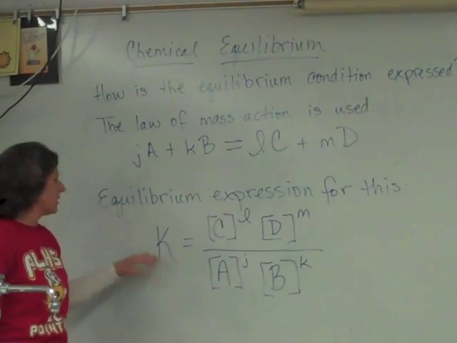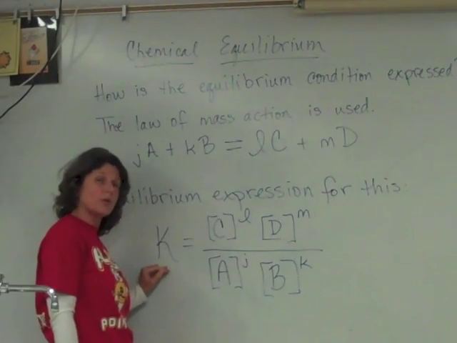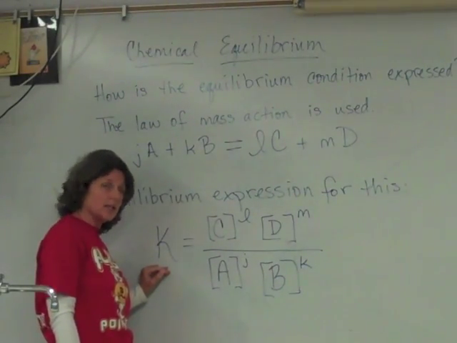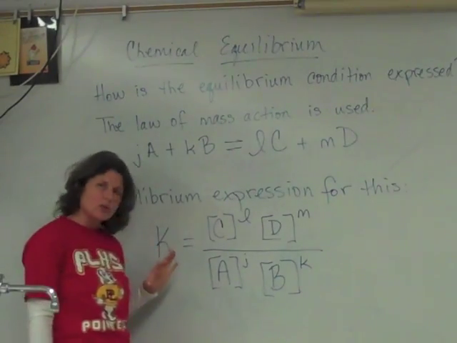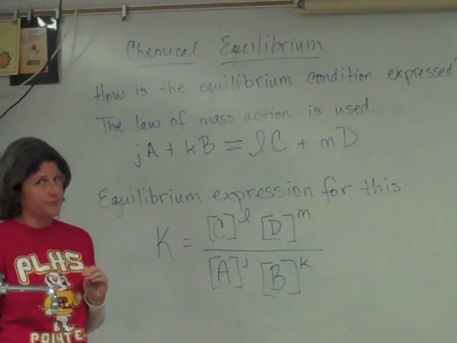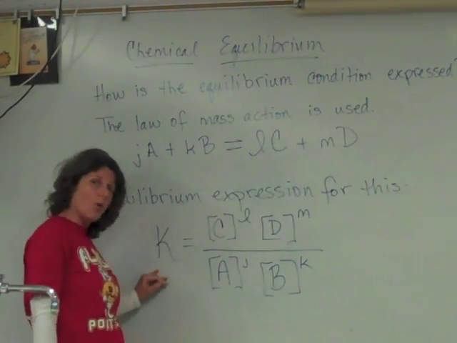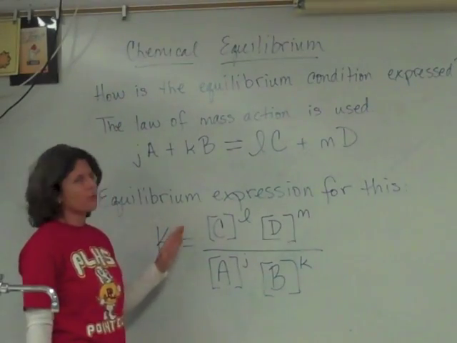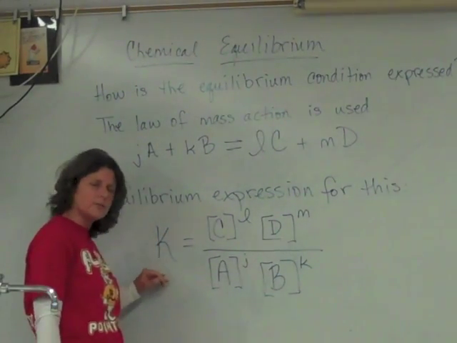At equilibrium, we've always got this quotient, which we call K, the equilibrium constant. And as long as we are at the same temperature, K, the quotient between the products and the reactants at equilibrium, will always be the same.